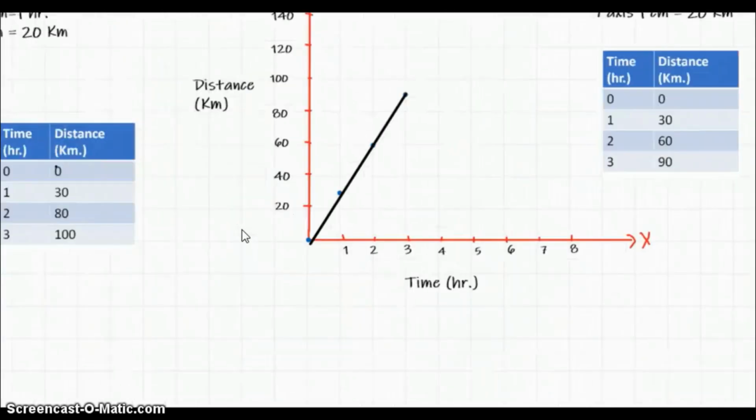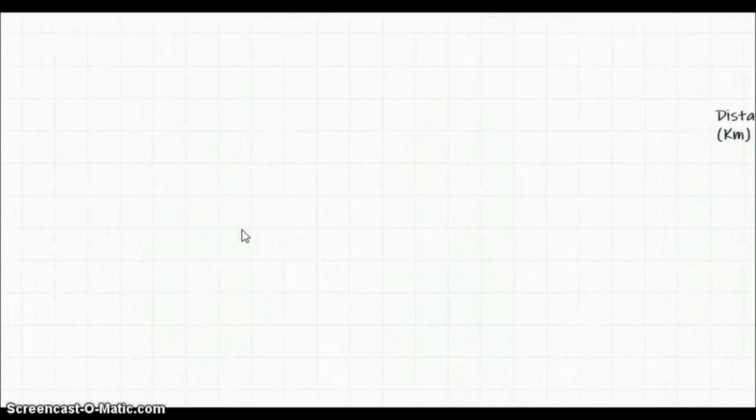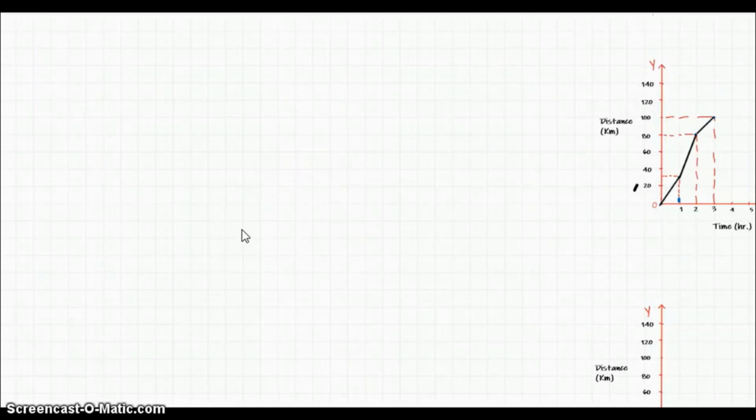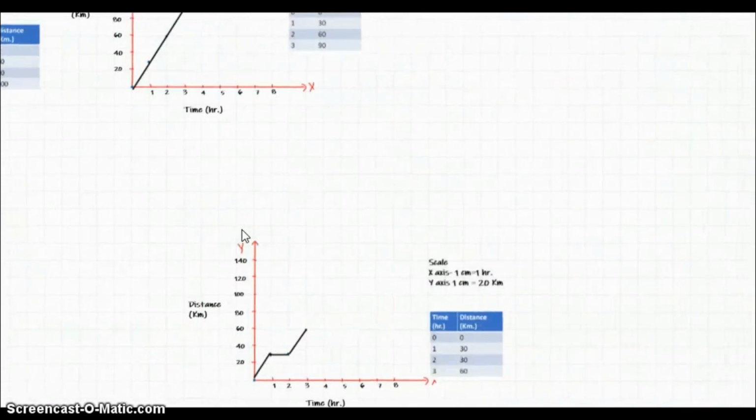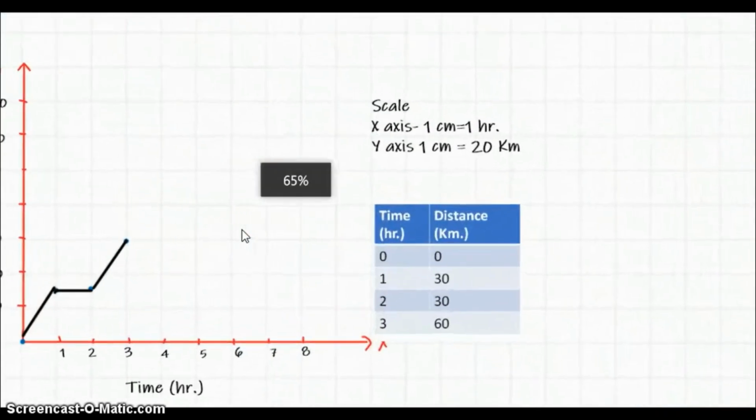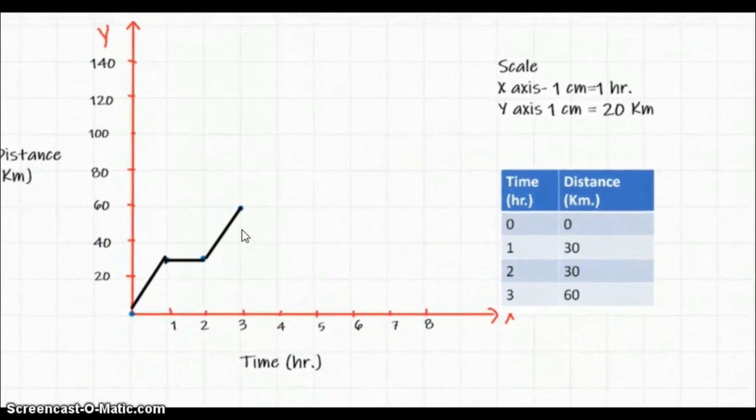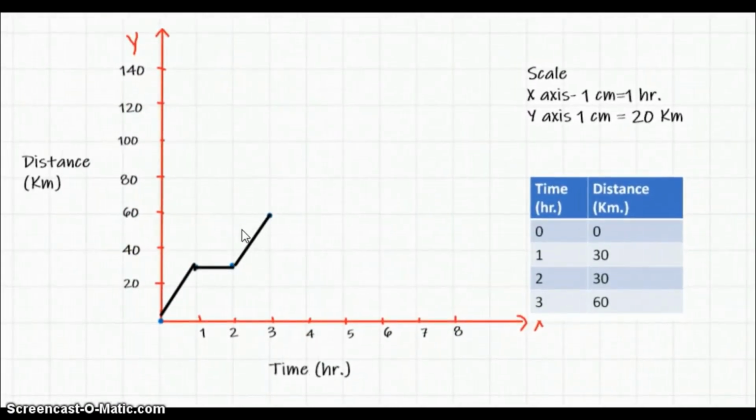Now the third graph, which we studied, was this one. Here, this is also non-uniform motion because it's not a straight line.